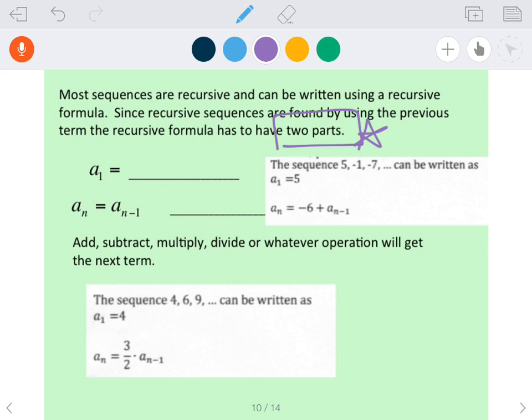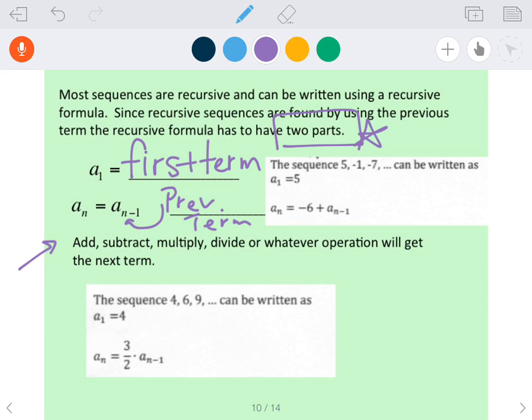A sub 1 is representing the first term, and then the second part here is representing the previous term, and also showing if you're going to add, subtract, multiply, divide, or whatever operation will get you to the next term.